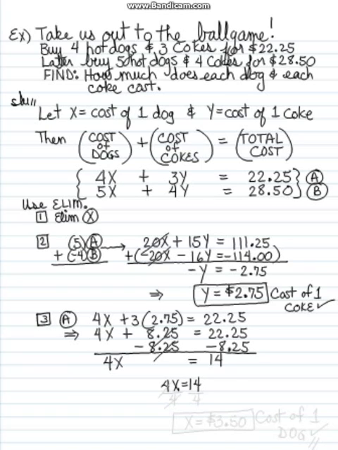Need to get x by itself, so I'm going to divide both sides by 4. These 4's cancel. I get x equals 14 divided by 4, in decimal form since we're talking about money, $3.50. And that is the other cost I was looking for, the cost of one dog. And we're finished.